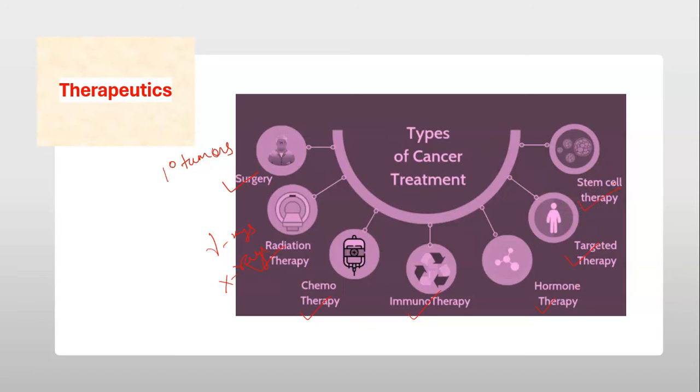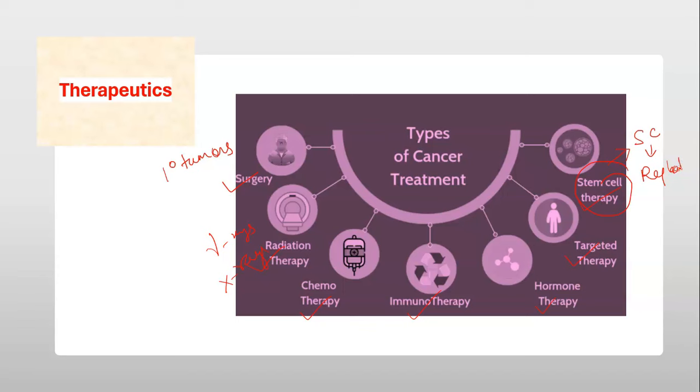Stem cell therapy, in fact, I must say that it is a rapidly evolving field with significant potential for improving cancer treatment outcomes. So they focus on, as the name indicates, stem cells to repair, regenerate, or even replace the damaged tissues.